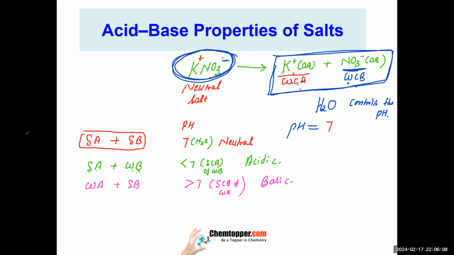One more question, children. If both of them are weak, weak acid and weak base, but Ka is greater than Kb. Ka is greater than Kb. It means the base is weaker than the acid. So whose conjugate is stronger?